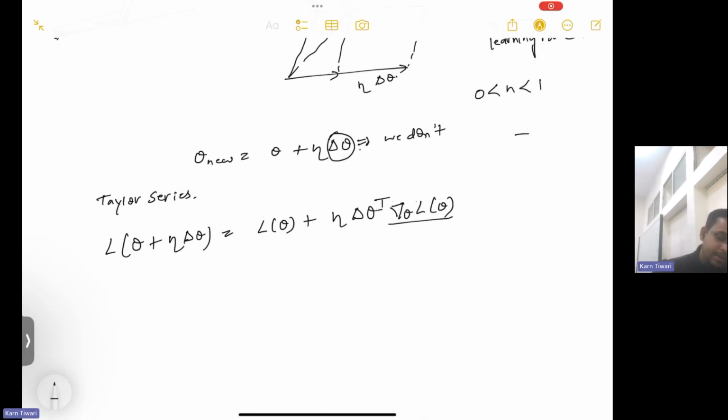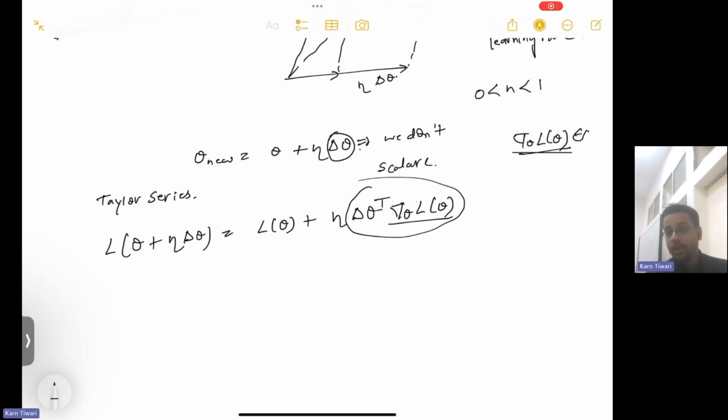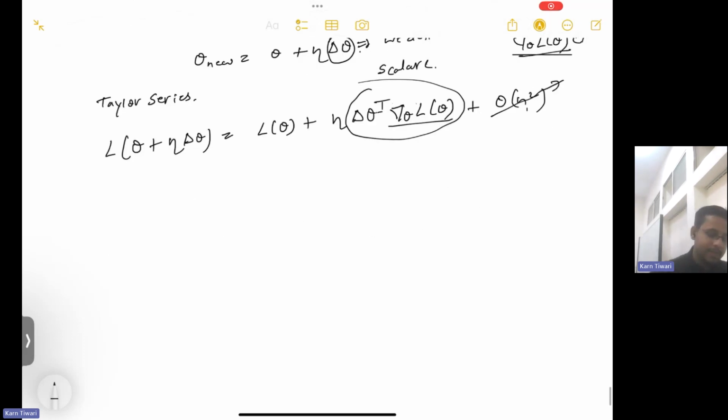Del theta L theta will be the dimension of theta only. That's the point to be taken care of. This whole quantity is a scalar, a number, because a loss function gives you the signal of a scalar only. Okay, then there's something of order eta square, which we avoid because eta is between 0 to 1. Eta square will be a very small quantity. So we usually avoid that in deep learning. We want to make the algorithm as simple as it is.